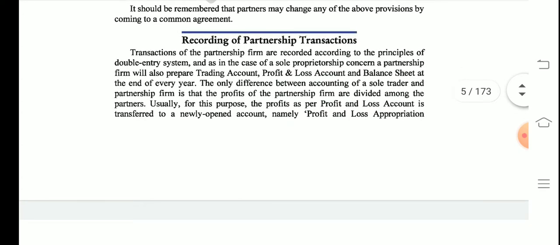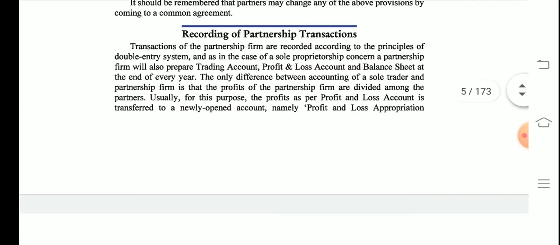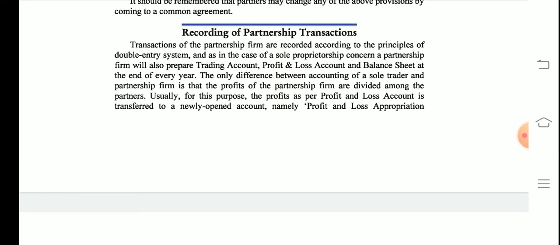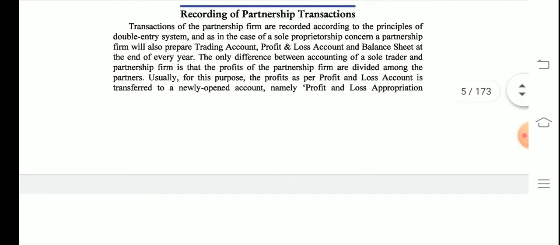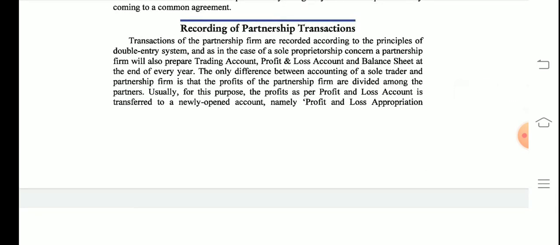But in a partnership, as you're already aware, there must be two or more persons to form a partnership firm. So when there are two or more people in a partnership firm, the profit and the losses are to be divided among themselves.